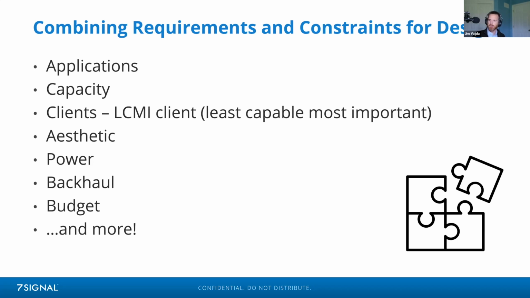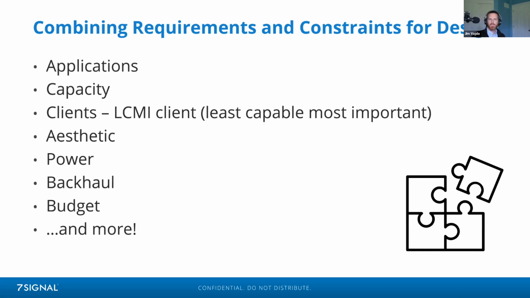We've got to have some give and take to make things work. If we don't know our application requirements, we just design the best 2.4 gigahertz network we can within those constraints, and then everything falls apart, and we have problems. So, important point to consider.